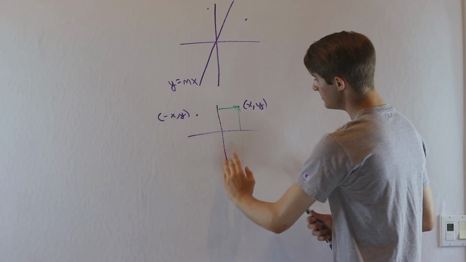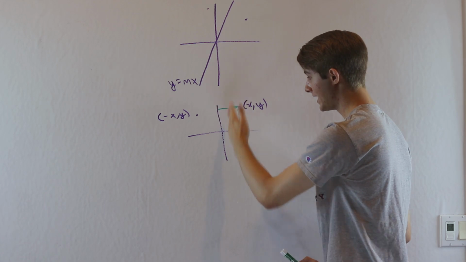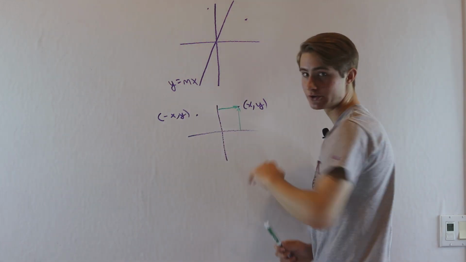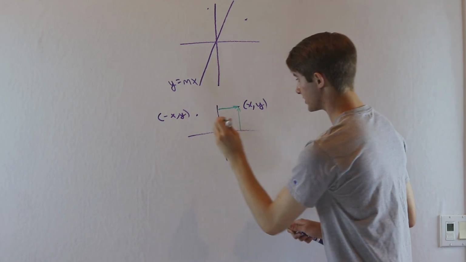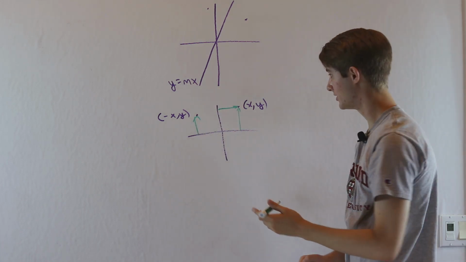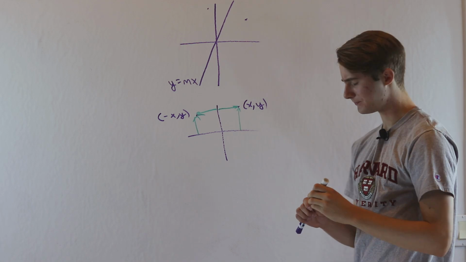What we see is, because we're looking at the y-axis, the y-coordinate is going to be parallel to the y-axis, so it's parallel to the line, and the x-coordinate is going to be perpendicular to our line. So what this transformation corresponds to is we're keeping the exact same parallel component, because we still have the same y value, but we're taking the perpendicular component and making it negative.